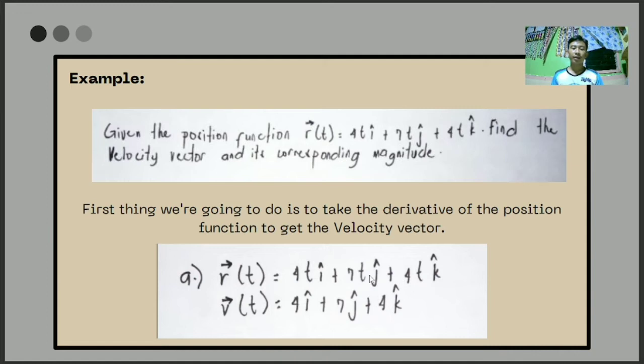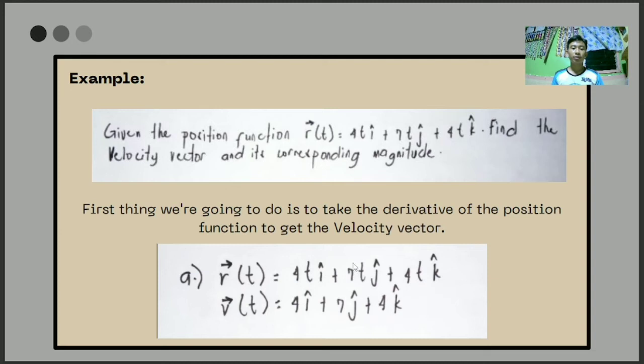The derivative of 4t is 4, the derivative of 7t is 7, and the derivative of 4t is 4. So our velocity vector v of t is equal to 4 i hat plus 7 j hat plus 4 k hat.